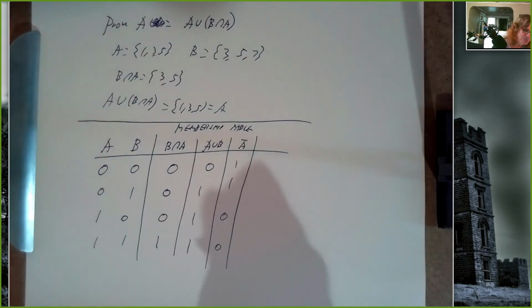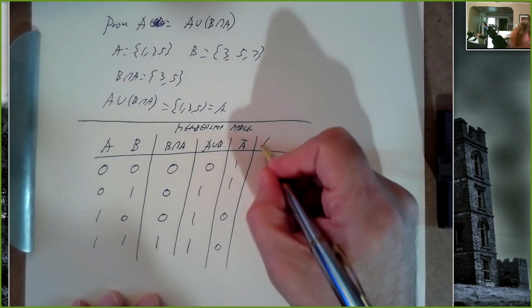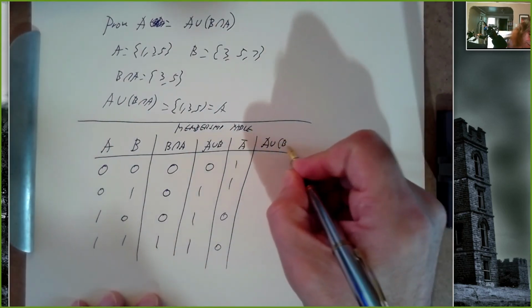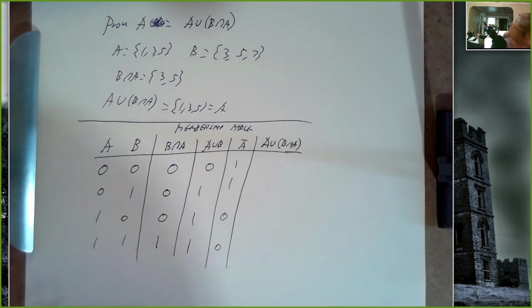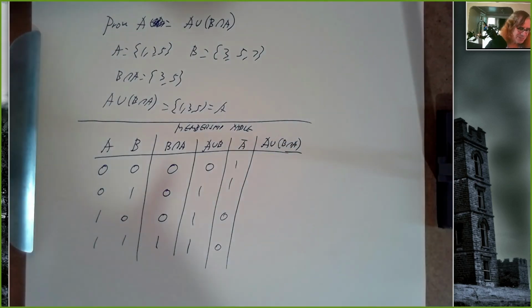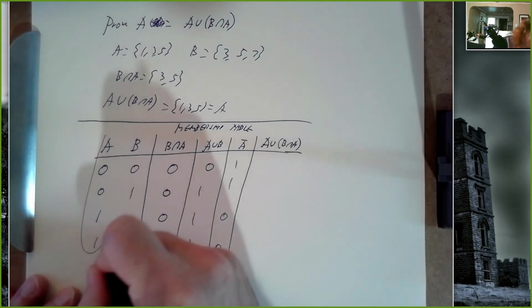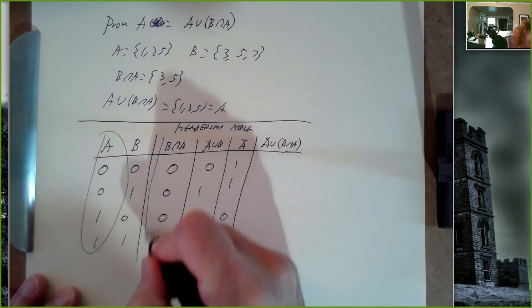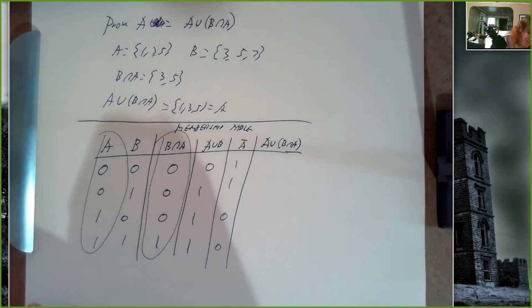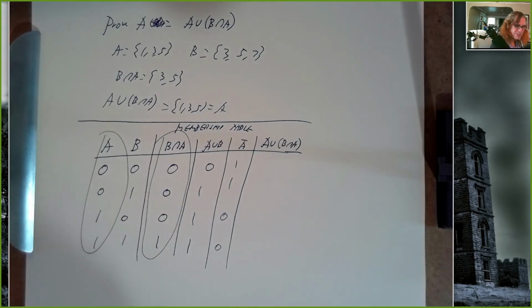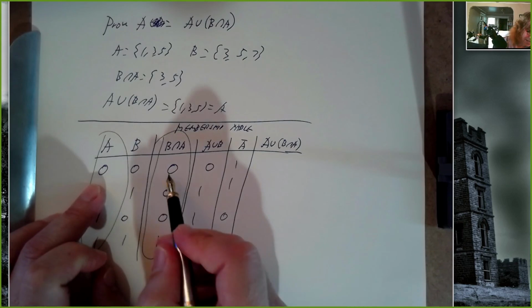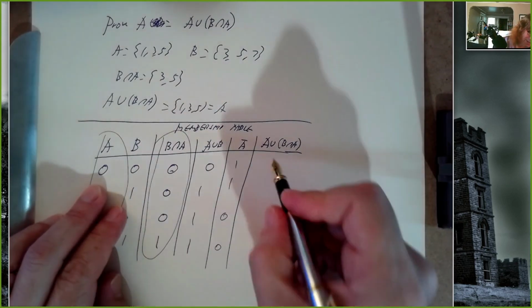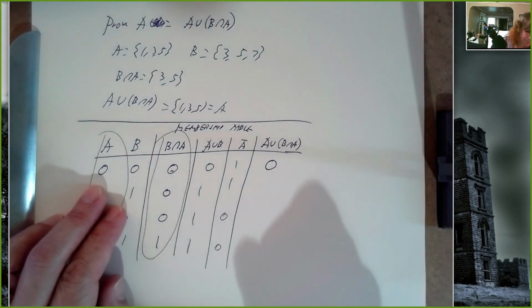So let's finish our proof. Let's write a column for A union (B intersect A). And so what I'm going to do is take this column and this column, and write down the ones and zeros for a union. So if I thought of an element and it turns out it's not in A and it's not in the intersection, then it's not in their union.